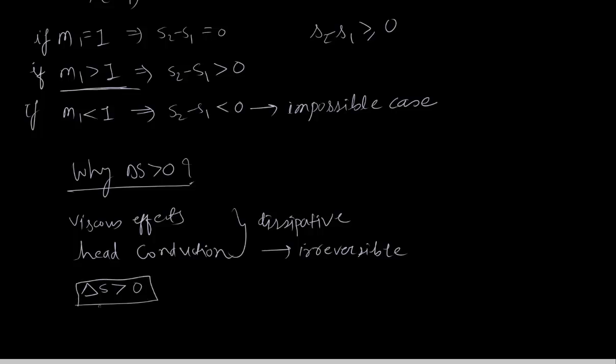That means the process is non-isentropic. We can say that it is adiabatic, but we cannot say it is an isentropic process.